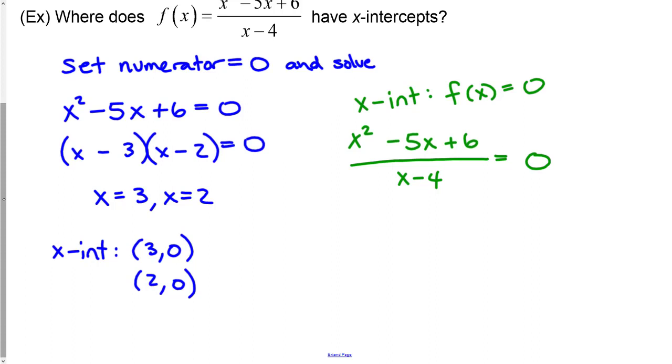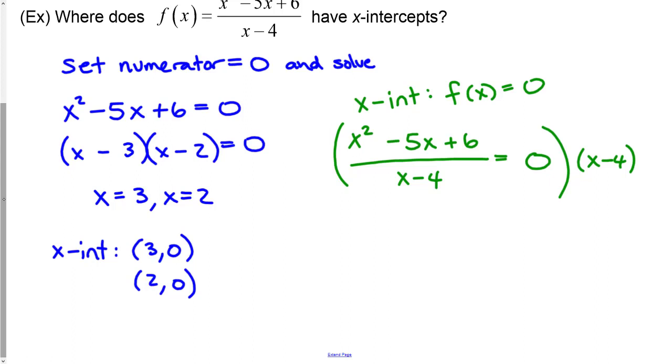Well, my first step here would be to multiply both sides through by x minus 4, because I'm trying to get that factor out of the denominator, and that's really the only way of achieving that.